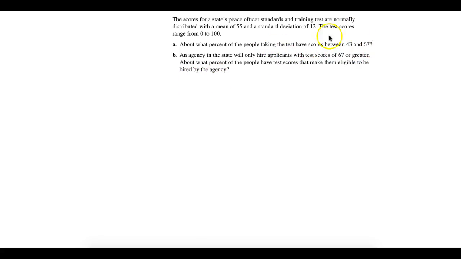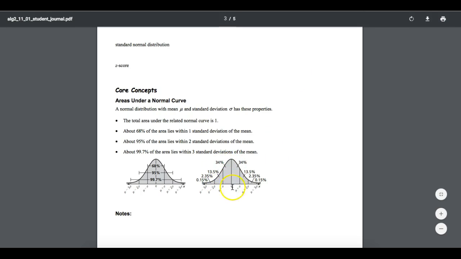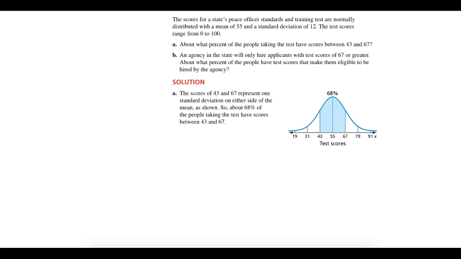So first part, we want to know what percent of the people have test scores between 43 and 67. Well, remember, that's just between the mean minus 1 and the mean plus 1. So here's our nice chart drawn out for us. And we know that the percentage of having a value that's between plus or minus 1 standard deviation is 68%.